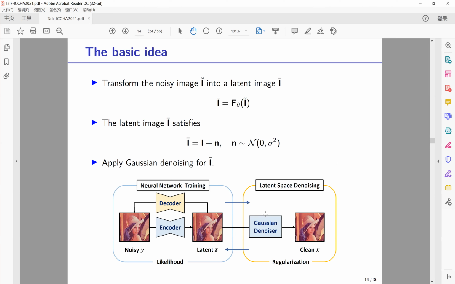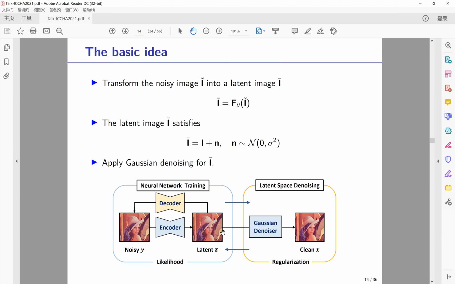Our idea is very, very simple. The first idea is that we want to map the noisy image into some latent space. In this latent space, I assume that the latent image is a Gaussian perturbation of the true image, which means that our latent image is an observation of the true image corrupted by Gaussian noise.